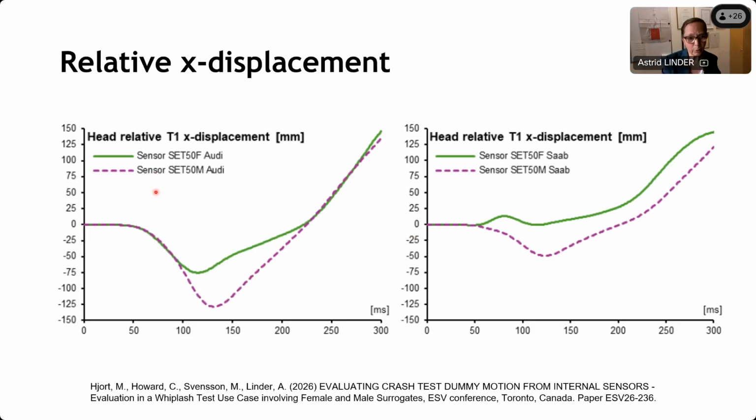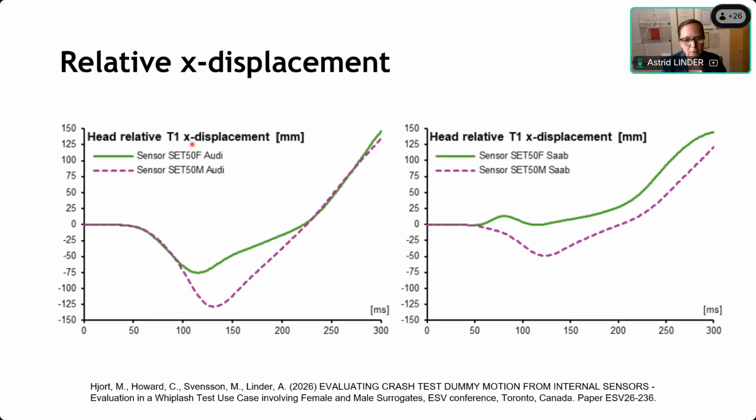And when we look at the horizontal displacement, head relative to T1, this is also addressing a question that I sometimes get: Oh, but can we scale the result of the male and then get the result of the female, or do they show different things?